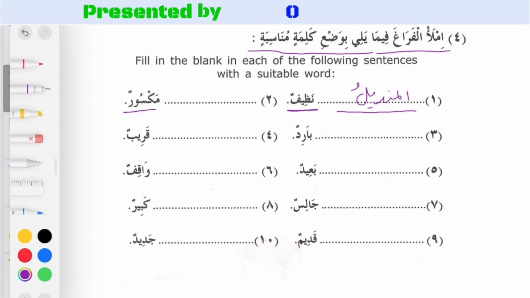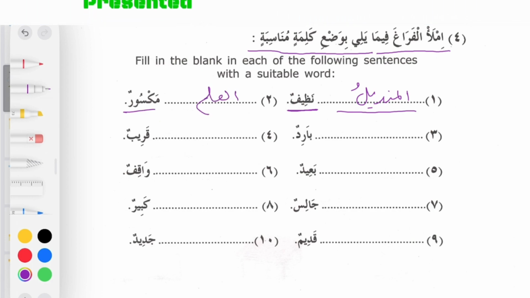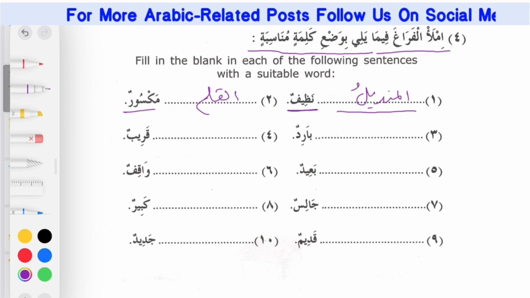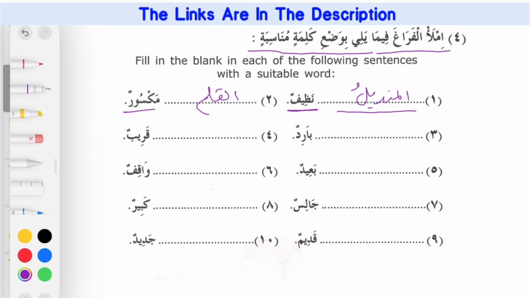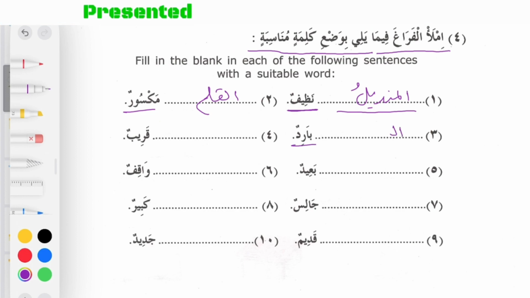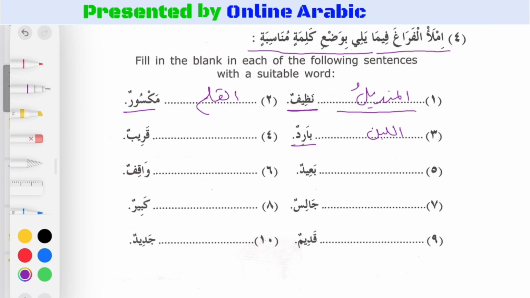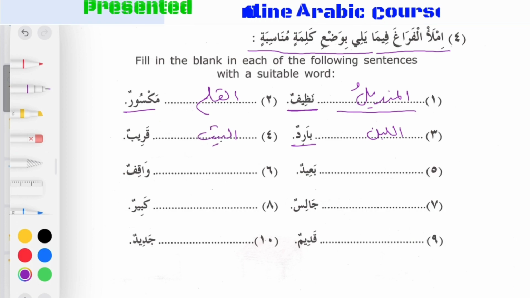And then we have maksurun. We can say al-qalamu maksurun, or al-maktabu maksurun, or al-kursiyu maksurun. And then we have baridun. We can say al-labanu baridun, or al-ma'u baridun. And then qaribun. We can say al-baytu qaribun or al-masjidu qaribun. And then ba'idun.